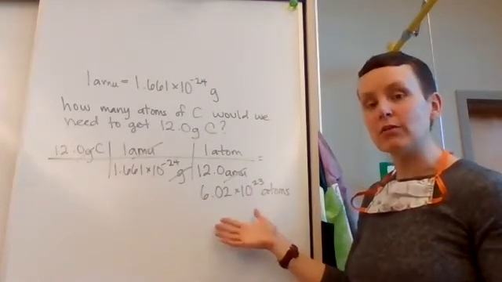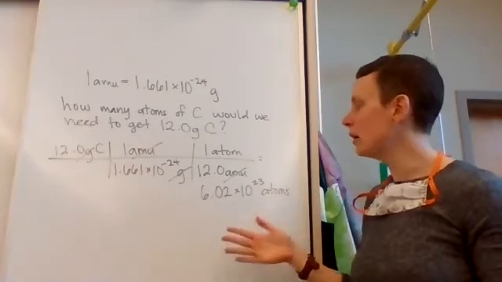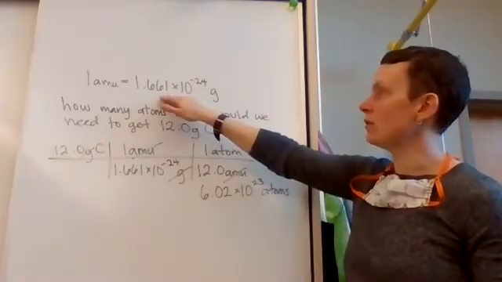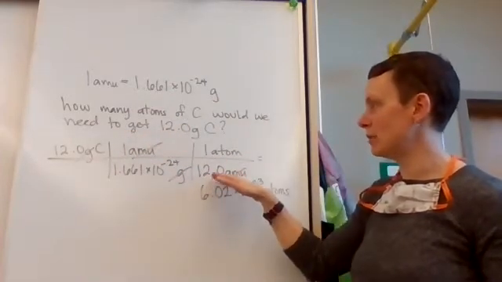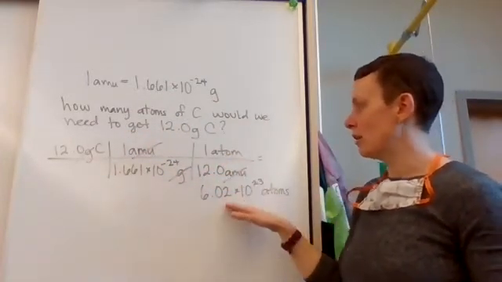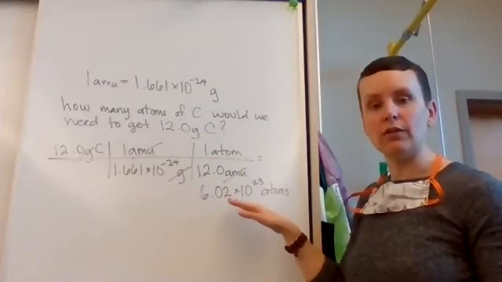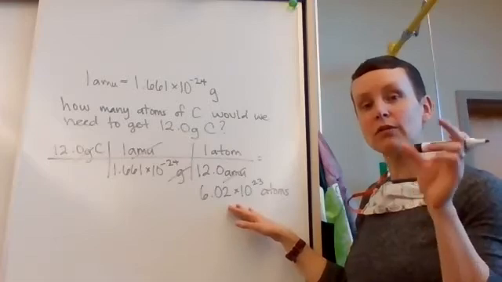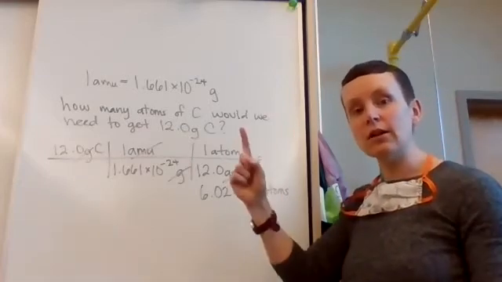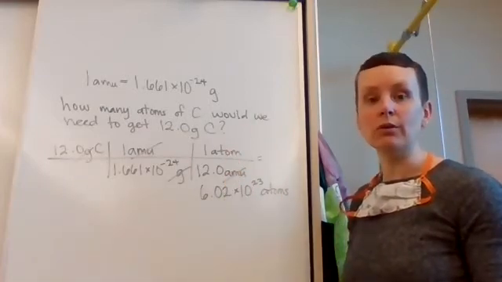I'm not going to ask you to reproduce this proof anywhere, but when you have a definition of AMUs to grams and you want that mass number, that 12 AMUs, to have double meaning, that's how you connect the two. If you have this many atoms of carbon, it's going to weigh the same number of grams as a single atom of carbon weighs in AMUs.